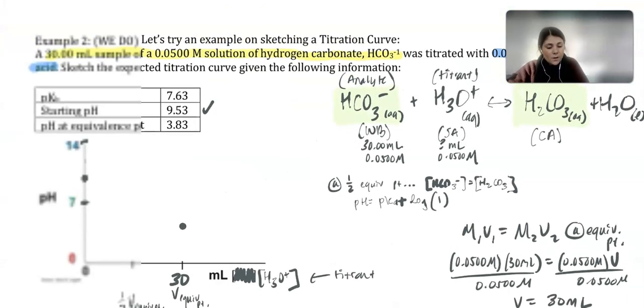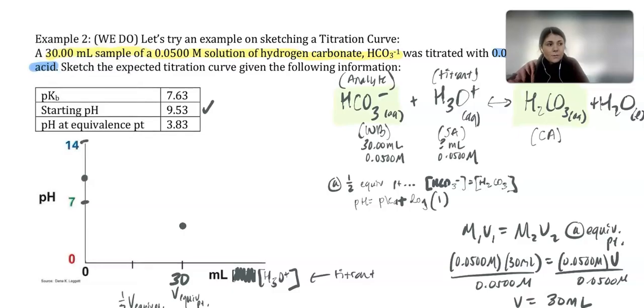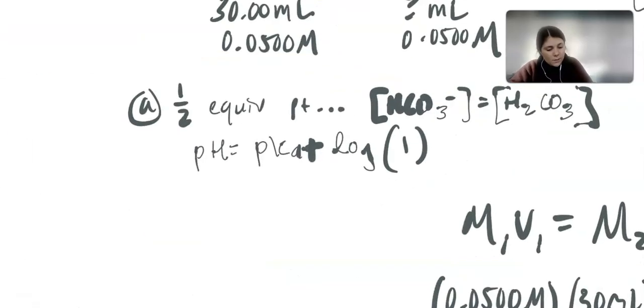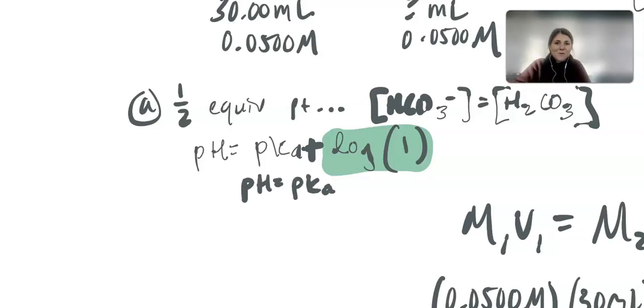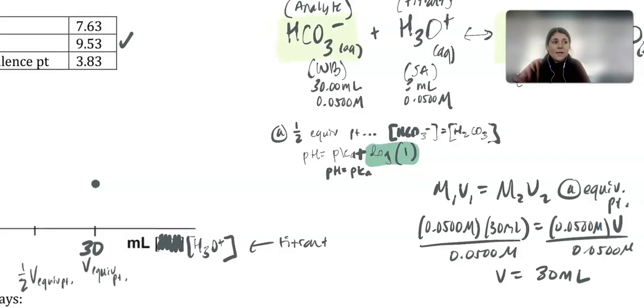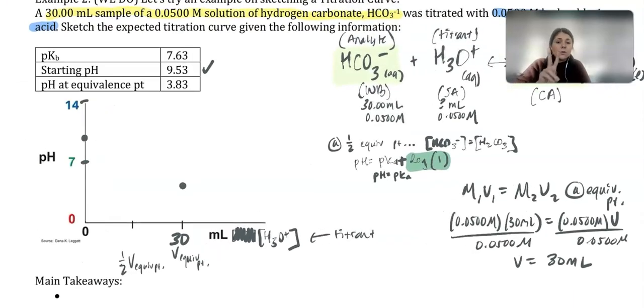All right. So there's a little bit of an issue when it comes to this first step right here. So here we know pH equals pKa, but based off the problem that we're starting with, they gave us a pKb. So you have two options. You can quickly convert that pKb to a pKa, totally fine as well.